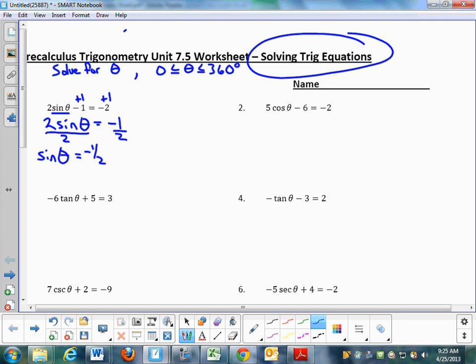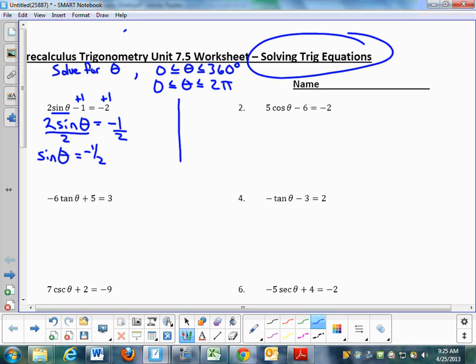So we're going to put our answers in degrees for today. We could change that and say 0 is less than or equal to theta, which is less than or equal to 2 pi, and then we would be putting them in radians. But we're going to solve for degrees, and we're just going to stay between 0 and 360. So we've already found it, right? 210 and 330.